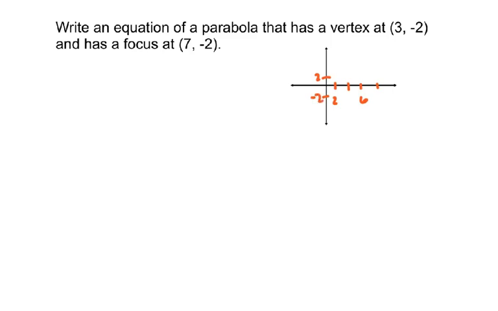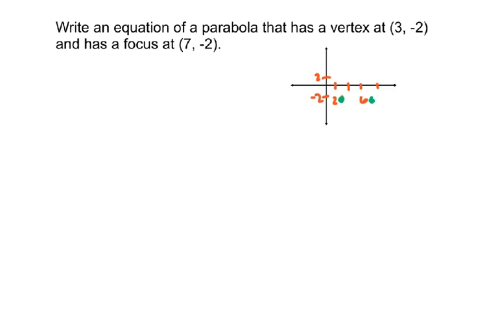Our vertex is at 3 and negative 2. Maybe I'll use a different color. The focus is at 7, negative 2. Which means this thing opens to the right, right?